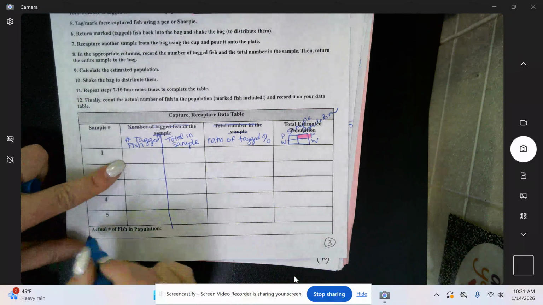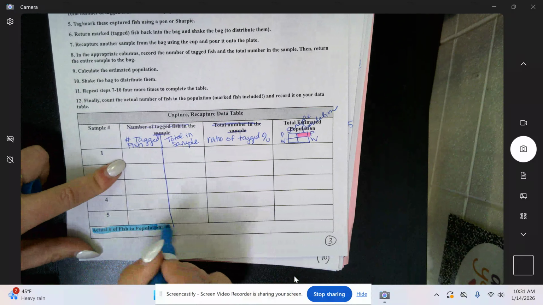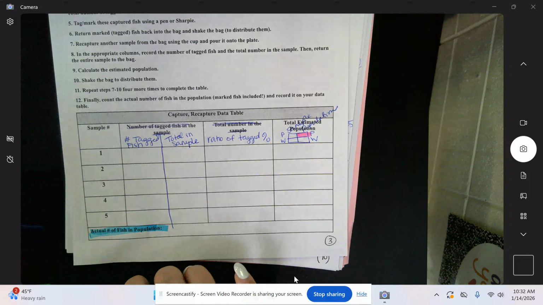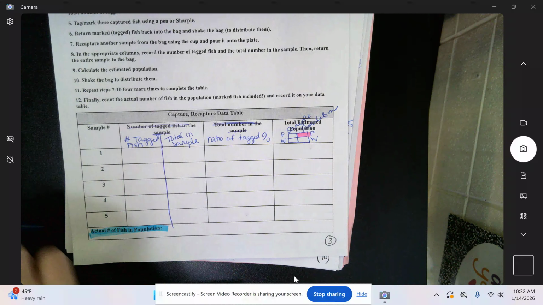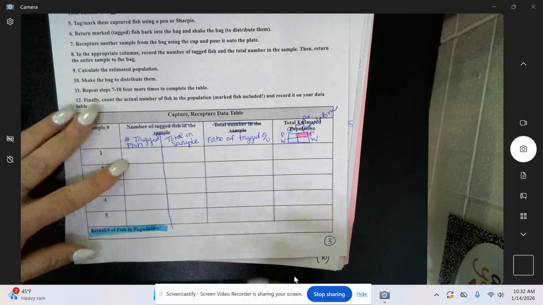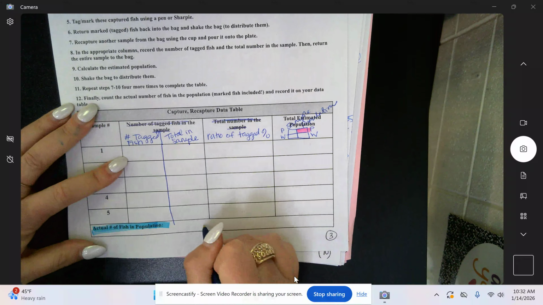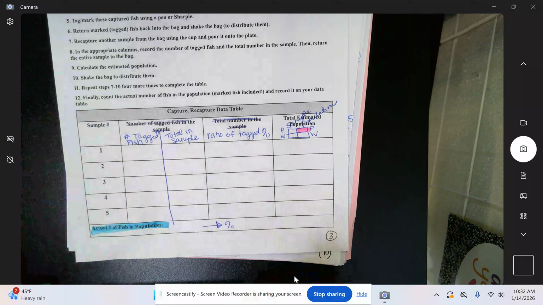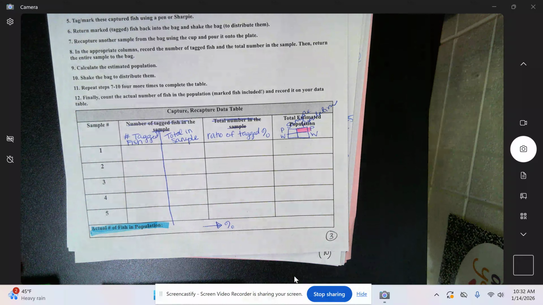Alright, down here, highlight it blue, the actual number in the population. Down there. And we're eventually going to take that actual number and you need to change it to a percent. So you'll put the part.